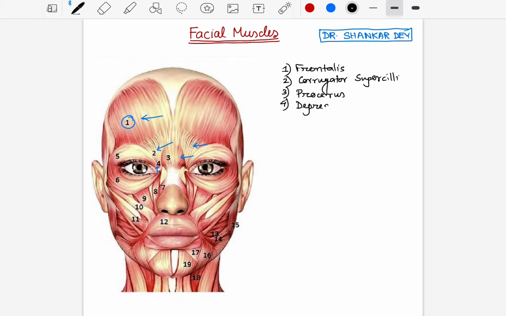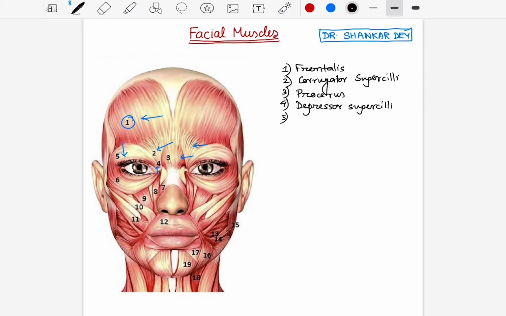So number 4 is the depressor supercilii muscle. Then what is number 5 muscle? This rounded muscle around the orbit is number 5.